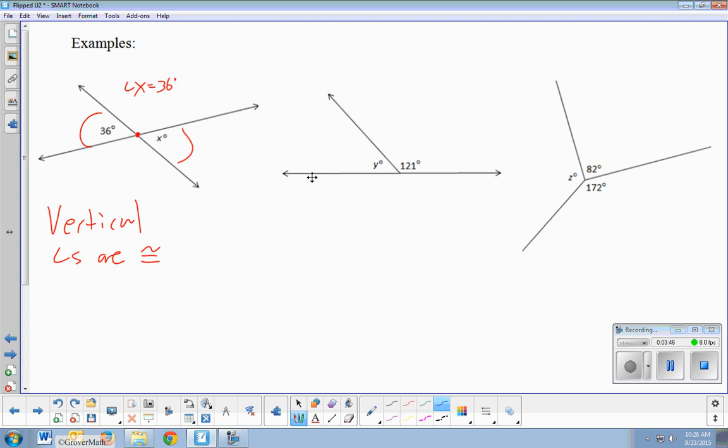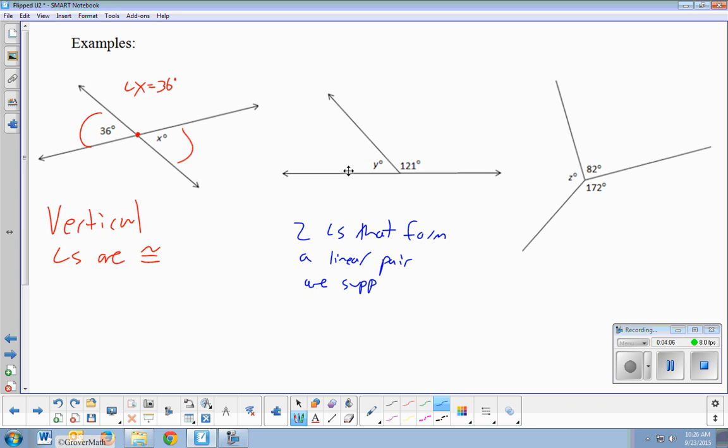Okay, next over, I see these two lines right here. Two angles that form a linear pair are supplementary.